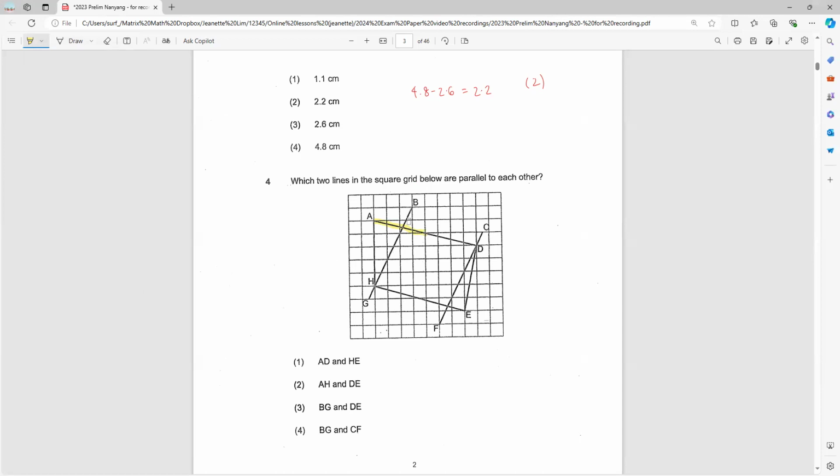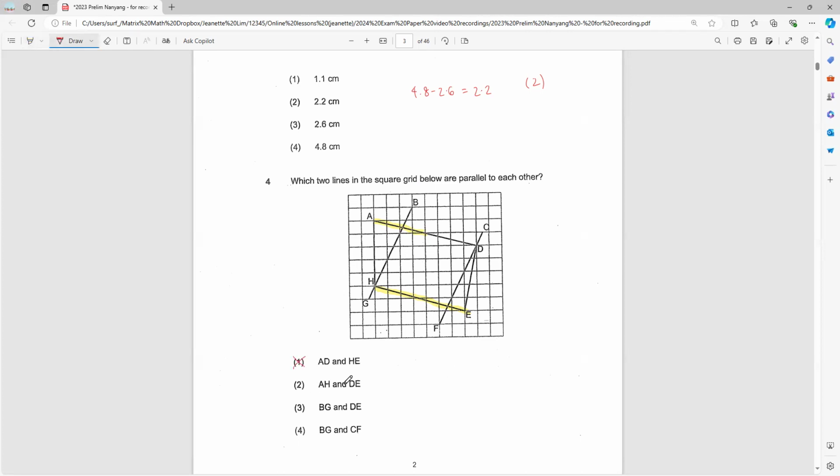But if you look at HE, where it starts, H here, and where it touches the corner of a square, is not until it reaches E. So can you see that it cuts across different number of squares? So AD and HE are not parallel.